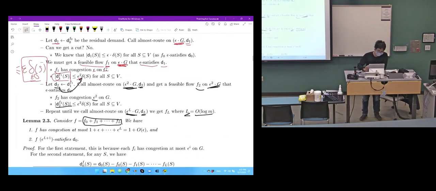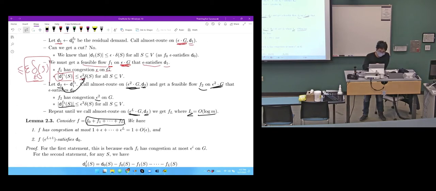In particular, first of all, F itself has congestion just 1 from this flow plus epsilon plus epsilon square plus up to epsilon to the L. This is the total congestion of the total flow, which is still 1 plus O of epsilon.